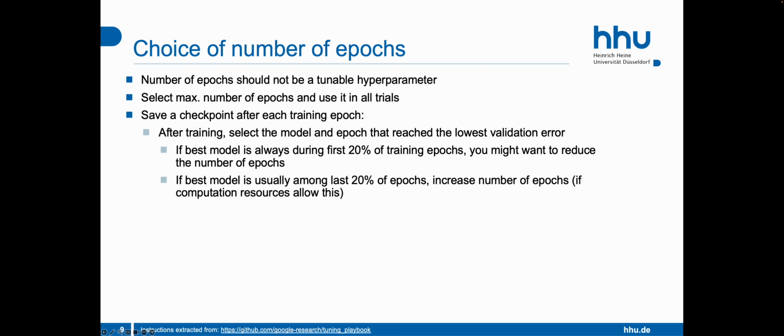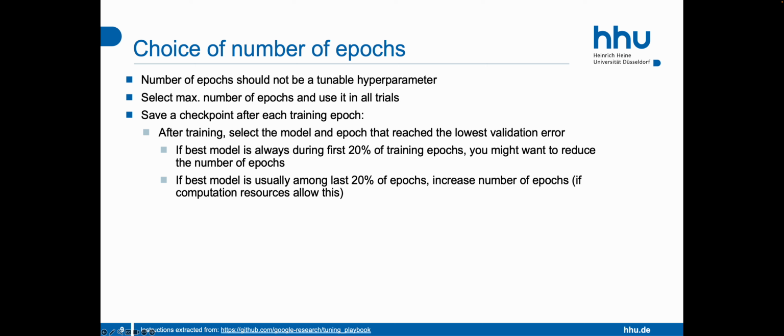And you can check if you selected the number of epochs not too large by making sure that your best model is not always occurring, for example, in the first 20% of the training epochs, because this would mean that you could lower the number of epochs and save computational resources and training time and still get the same results.